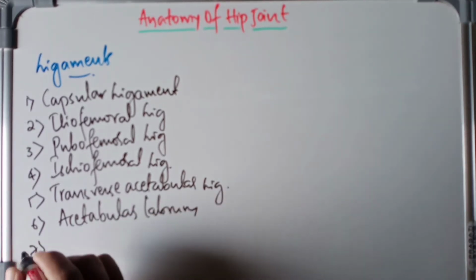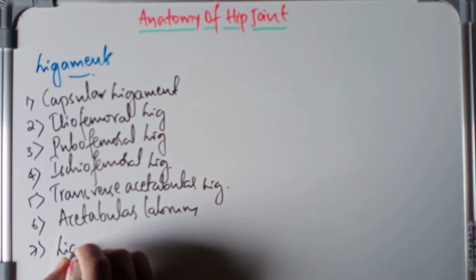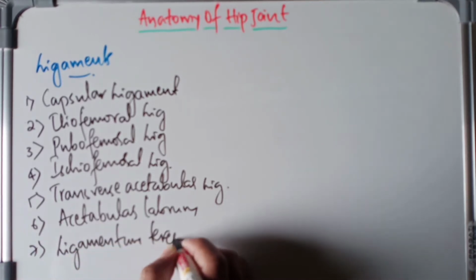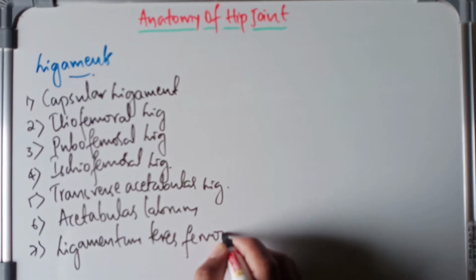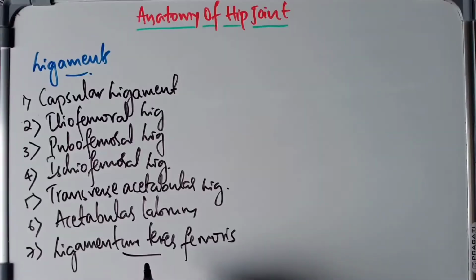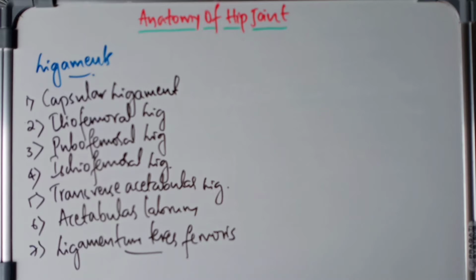And the seventh one is the ligamentum teres femoris. Basically this is also called the round ligament of the head of the femur. So you are actually getting me right?